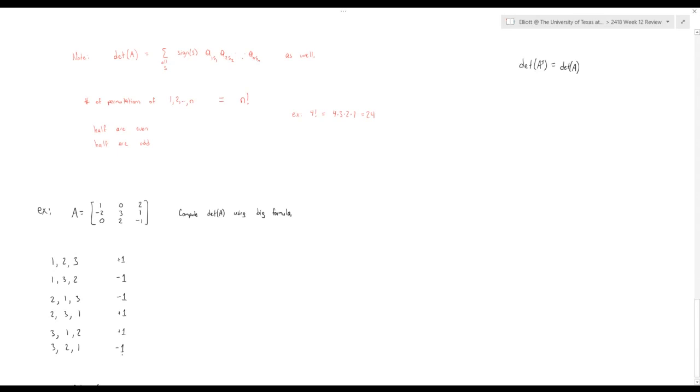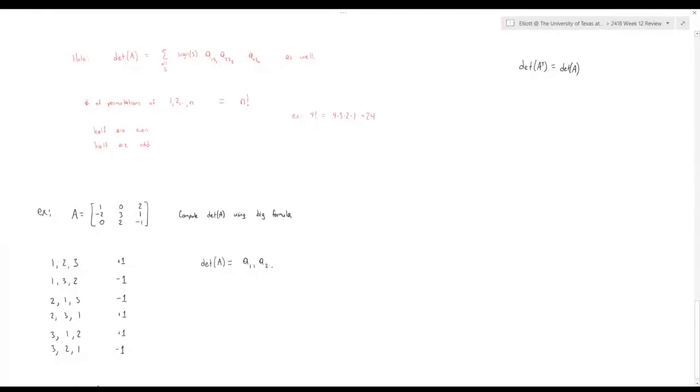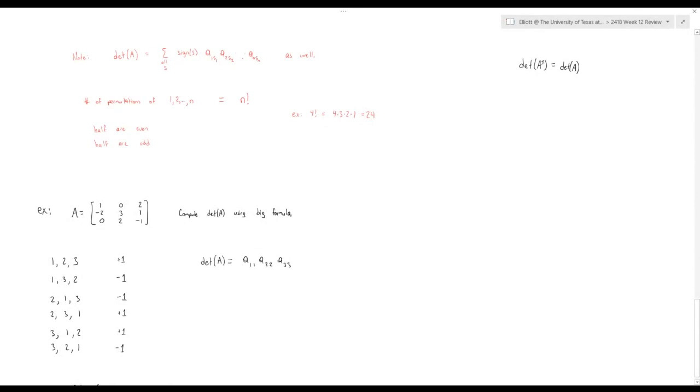So then, according to the big formula, the determinant of this matrix A will be equal to, I'm going to take each of these permutations, starting with the first one, 1, 2, 3. So we're going to have A11, A22, A33.